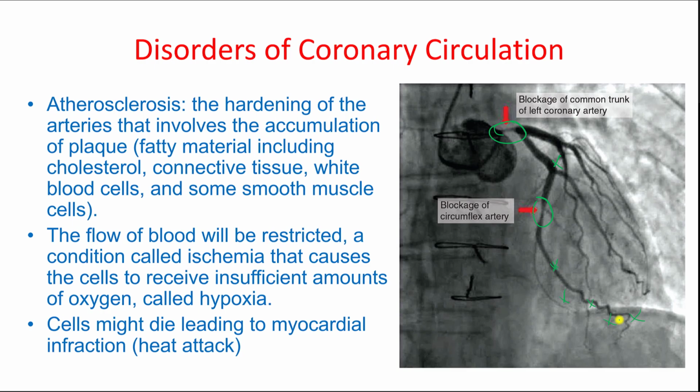So they will die, and usually they will get replaced by non-contractile tissue, like connective tissue. That is when we get a heart attack. Usually there will be surgeries to open those blockages, so they will put a stent to keep it open. When those muscles don't get enough oxygen, they go under a condition called hypoxia. So just be familiar with that.